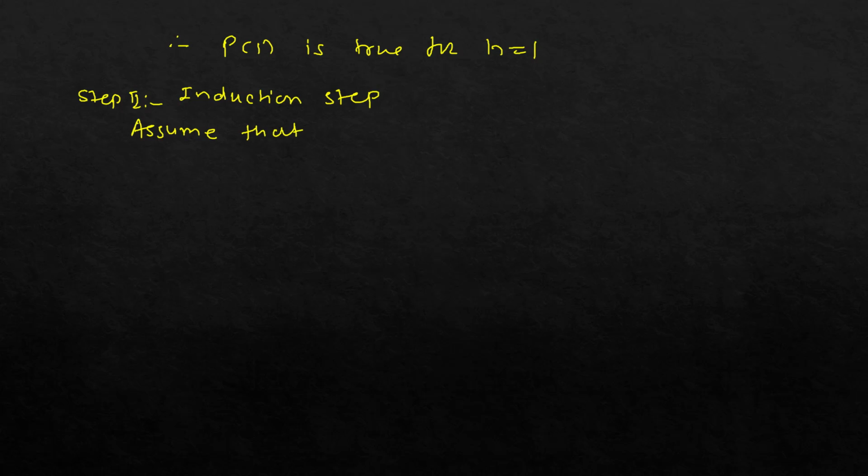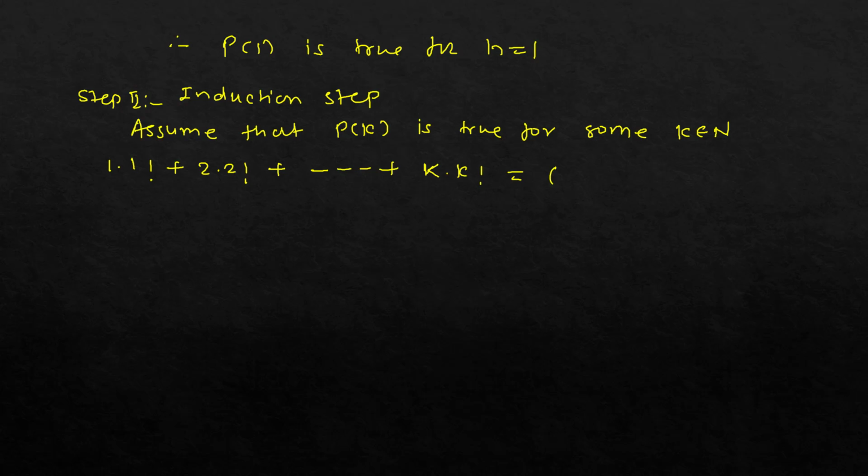Assume that P of k is true for some k belongs to capital N. Means 1 into 1 factorial plus 2 into 2 factorial plus dot dot dot plus, n is replaced by k, k into k factorial is equal to k plus 1 factorial minus 1. This is equation number 3. Now again the same concept: where will this equation 3 be used? For step number 3, in the induction hypothesis.